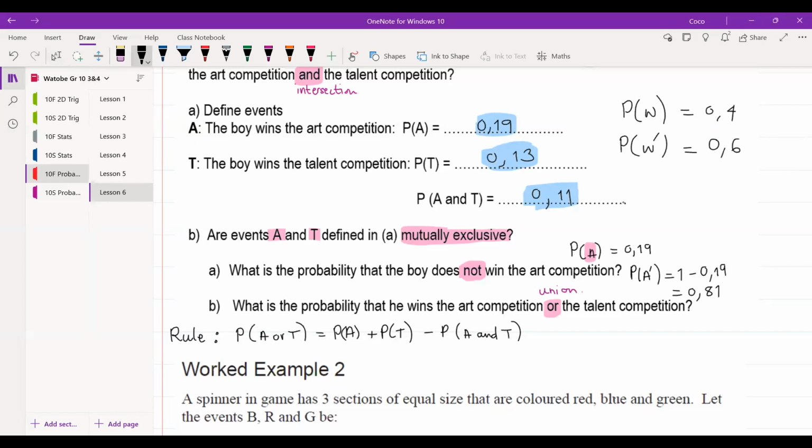Ma'am, I wanted to ask, is it wrong to ask if, since we're using P(A or T) equals P(A) plus P(T) minus P(A and T), is it wrong to use P(A and T) in case they are common outcomes?